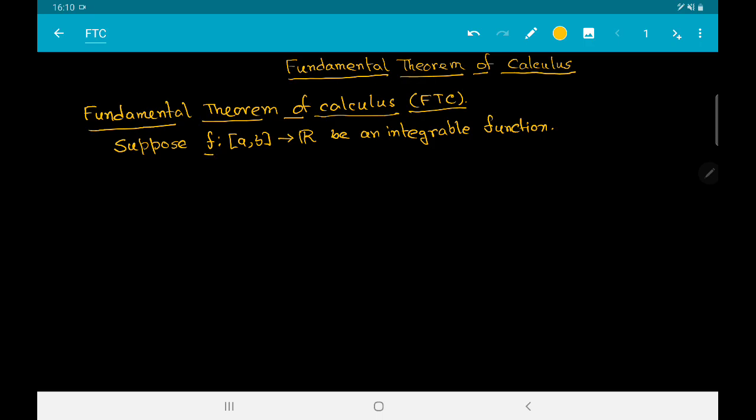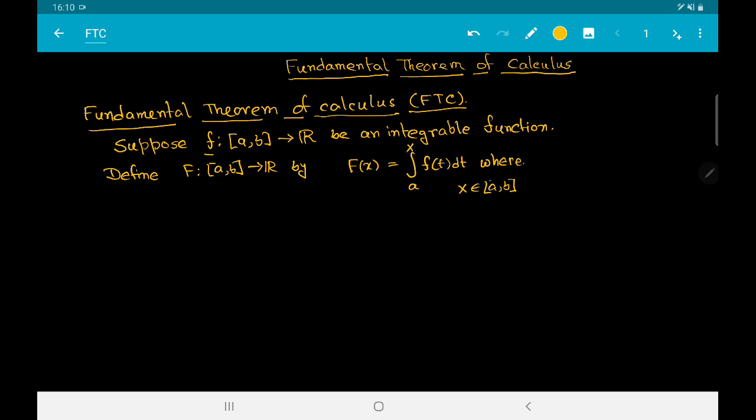Now I am going to define a big F from [a,b] to R by F(x) equal to the integral from a to x of f(t) dt, where x belongs to [a,b].